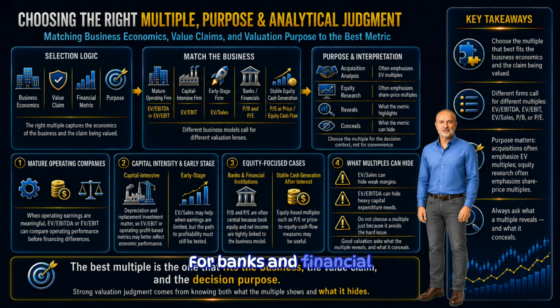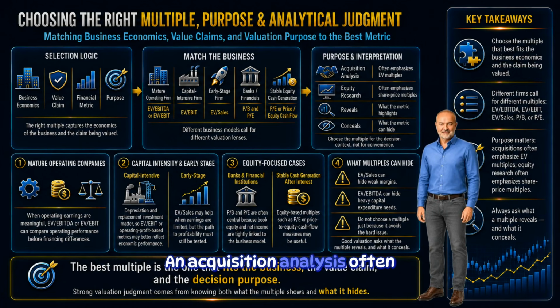For banks and financial institutions, PB and PE are often central because book equity and net income are closely tied to the business model. For a company with stable cash generation after interest, equity-based multiples such as PE or price-to-equity cash flow measures may be useful. Purpose matters too.